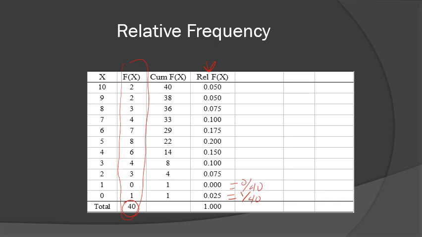That's easy. This one is equal to 3, the f of x, divided by 40, 4 divided by 40, 6 divided by 40, 8 divided by 40. Again, for each of these frequencies, like that one, the f of x is 7, divided by our n, which is 40.